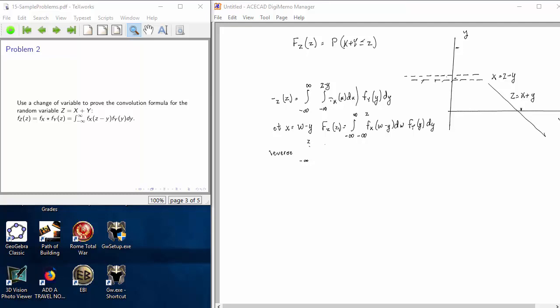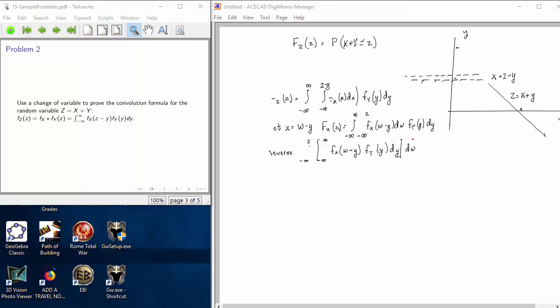My first integral is going to be the integral from minus infinity to infinity of f sub x of w minus y times f sub y of y, that integral being done with respect to y. And after I've done that, I'm going to integrate with respect to w.